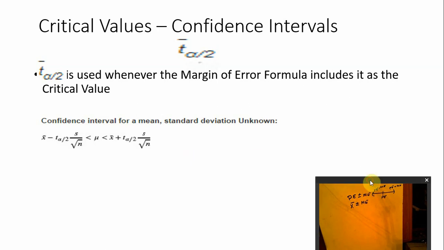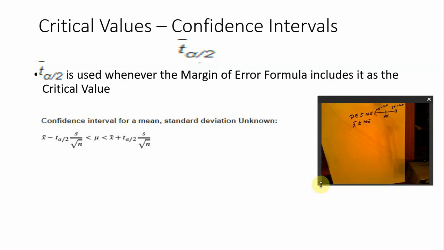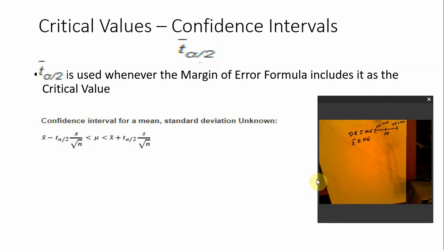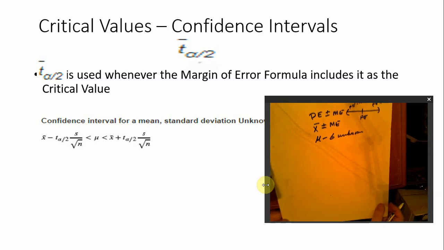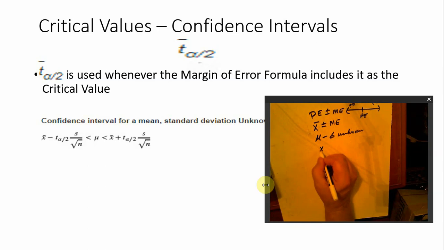Let me open this up a little bit so that we can see a little better here. Okay. So for this one, it just says that for mu, sigma unknown, I've got something that looks like X bar plus or minus T alpha over 2.